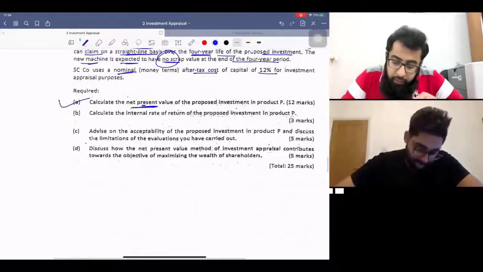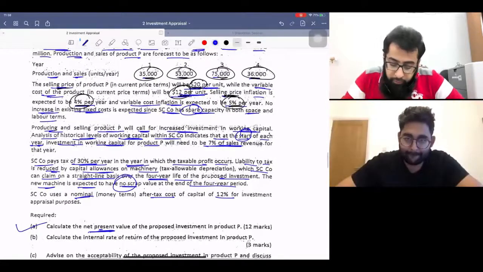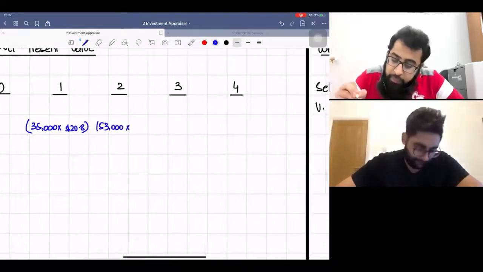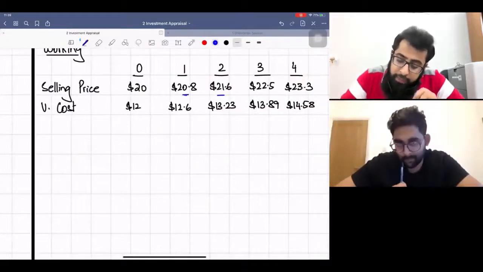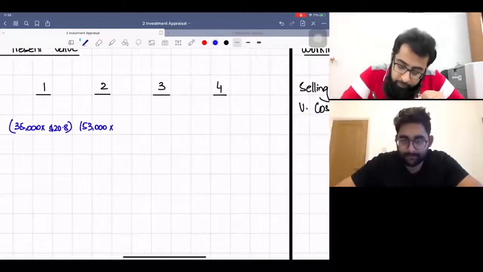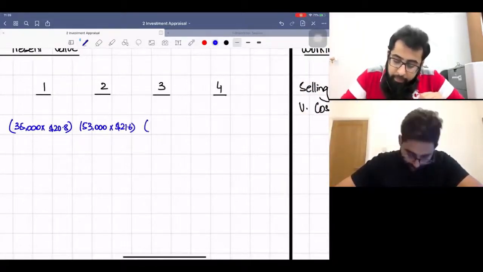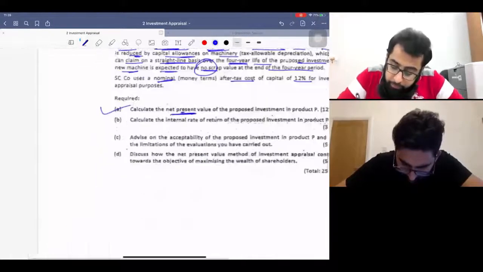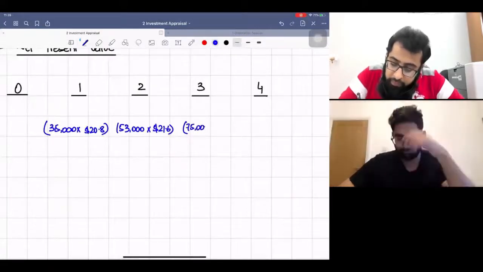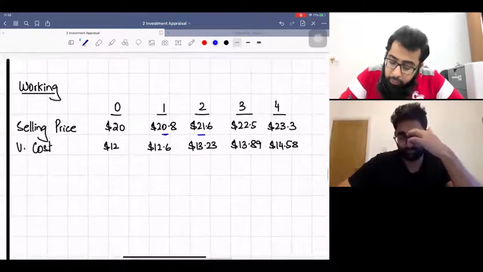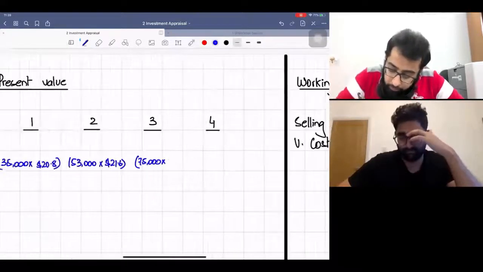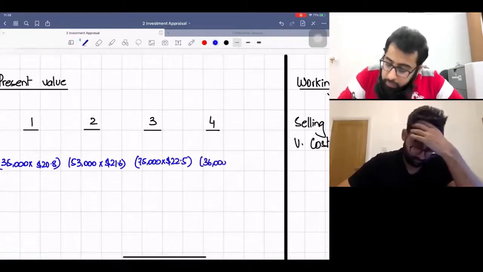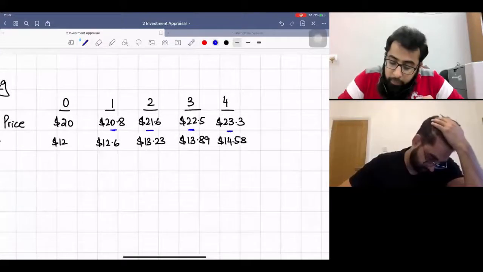Then the second year units are 53,000 multiplied by the selling price of 21.6. Then the units are 75,000 and then 36,000. 75,000 units multiplied by 22.5 and 36,000 units multiplied by 23.3.